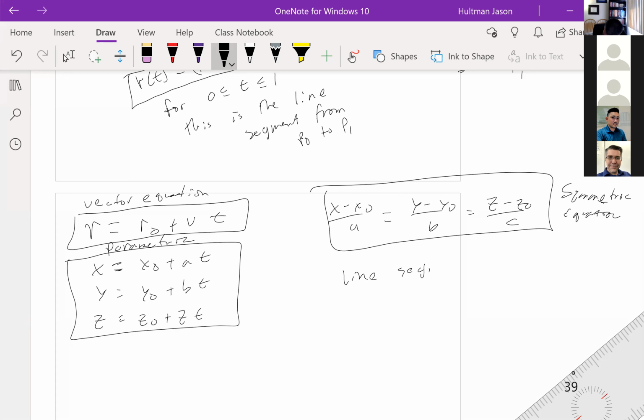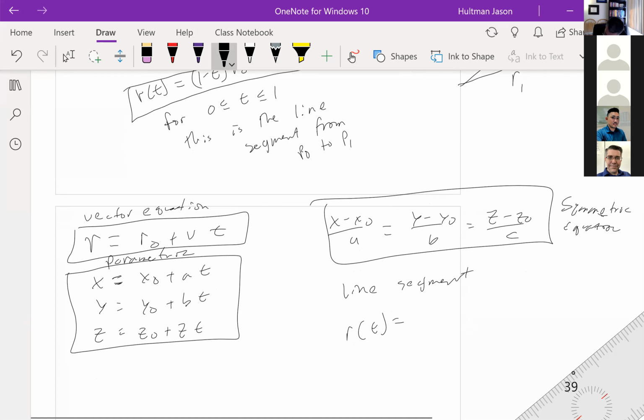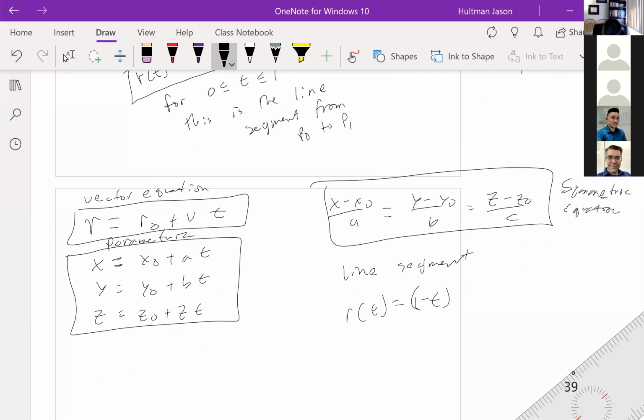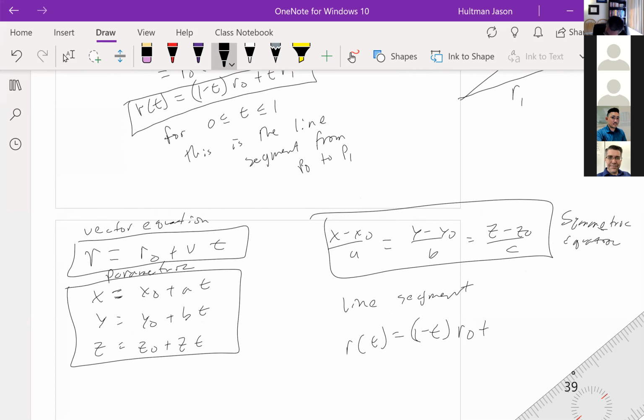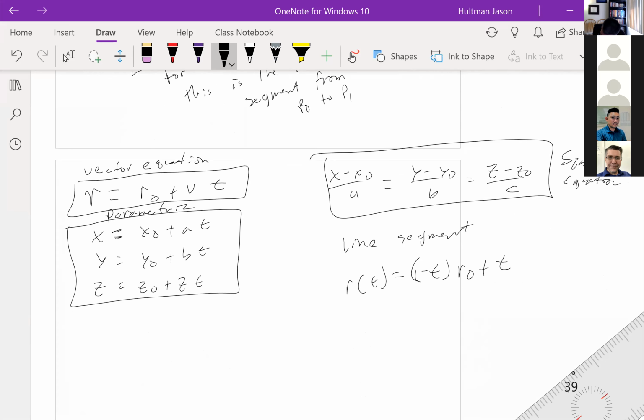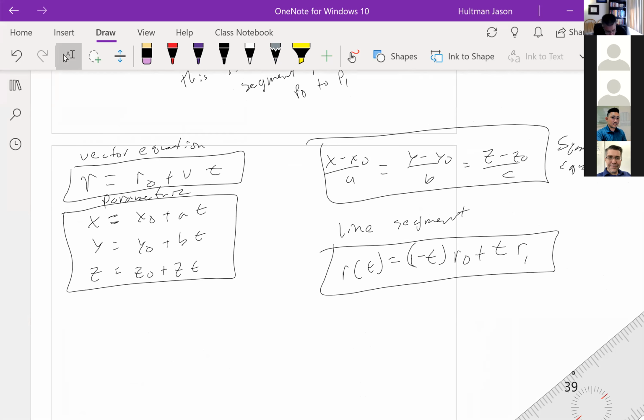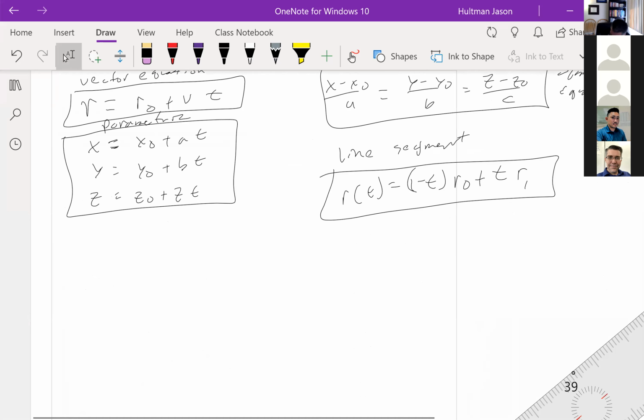That was r of t equals (1 minus t) times r naught, is it minus or plus? Yeah, plus t times r1. So that's a line segment. We're going to utilize this here for a second.